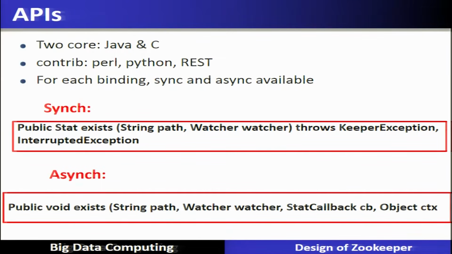Different APIs are available, and of them two core APIs are Java and C, and other contributions are Perl, Python, and REST, and for each, synchronous and asynchronous versions are available.